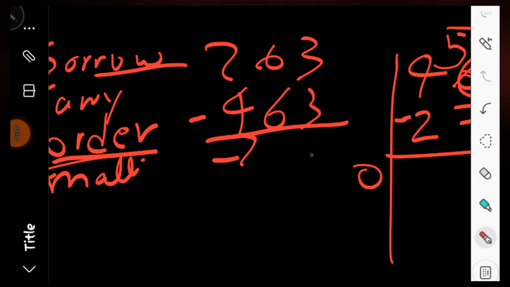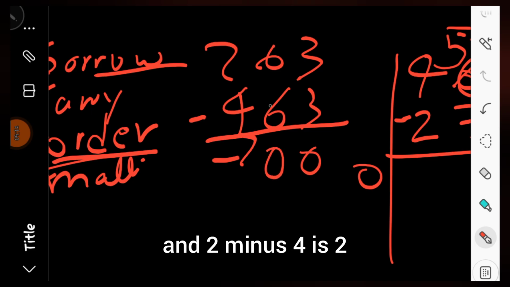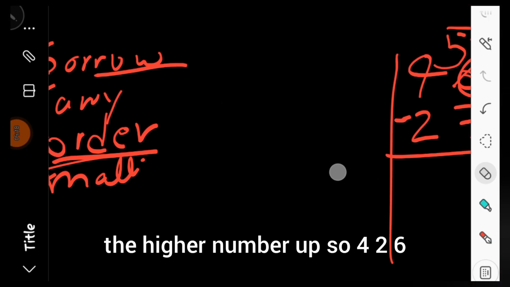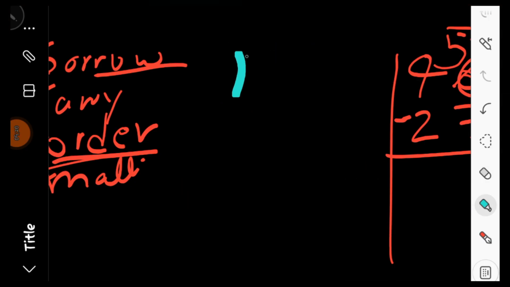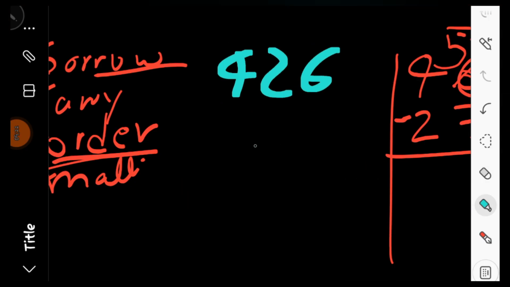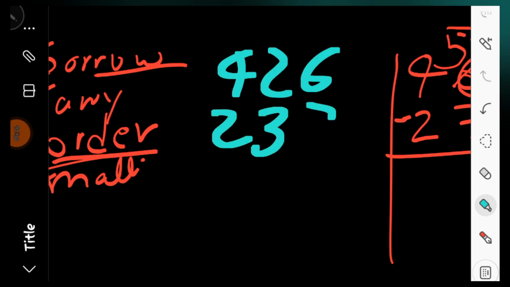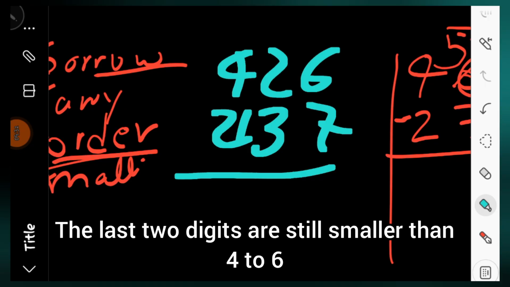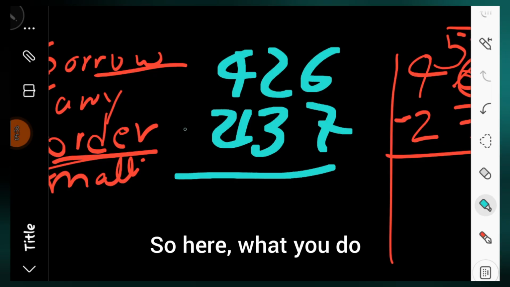For example, 2 minus 4 is negative 2. So you must always keep the higher number up. So 426, and let's say 237. Even though 237 is lower than 426, the last two digits are still smaller than 426's. So here, what to do?